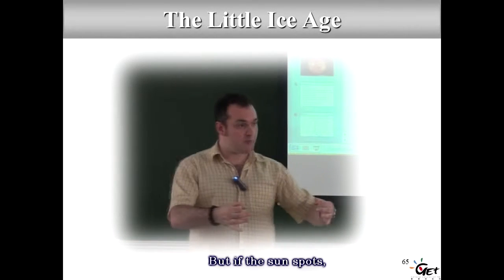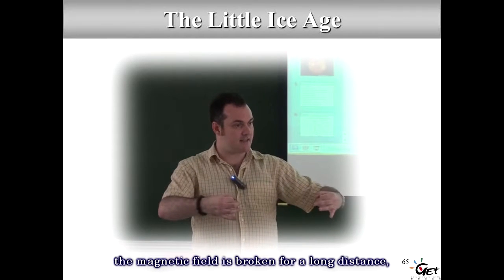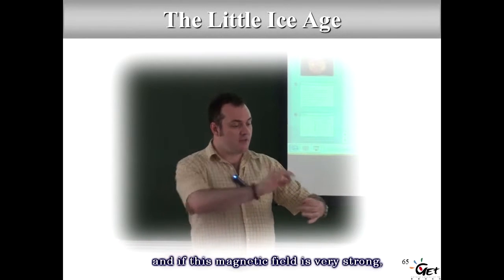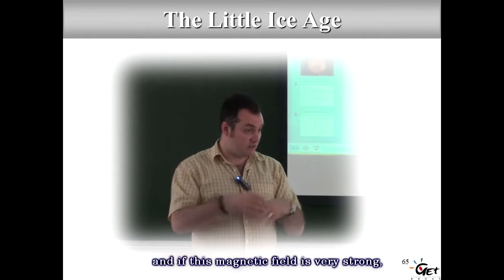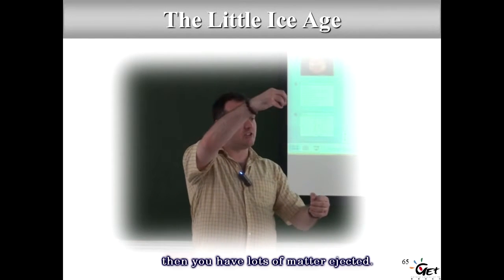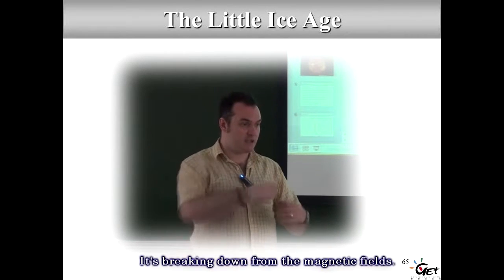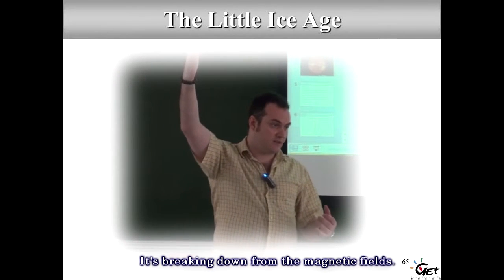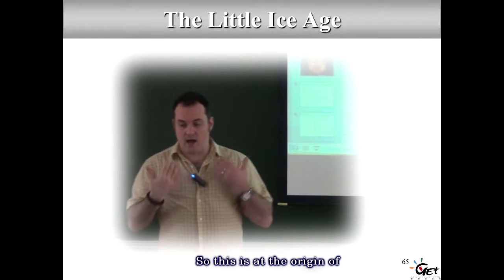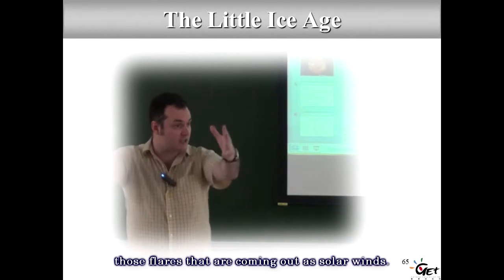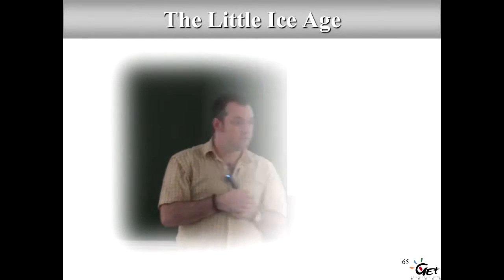But if the magnetic field is broken over a long distance, and the sunspots are very far away from one another, and if this magnetic field is very strong, then you have lots of matter ejected. And sometimes it's just ejected and never comes back. It's a breakdown from the magnetic fields. So this is at the origin of those flares that are coming up in solar winds.